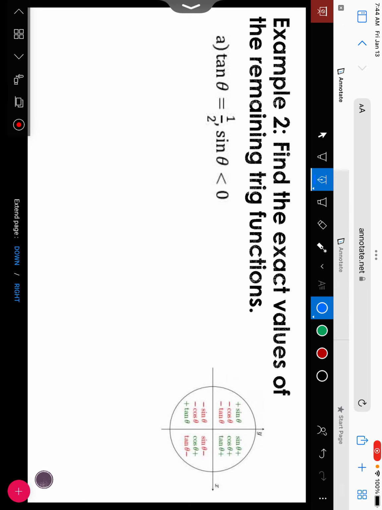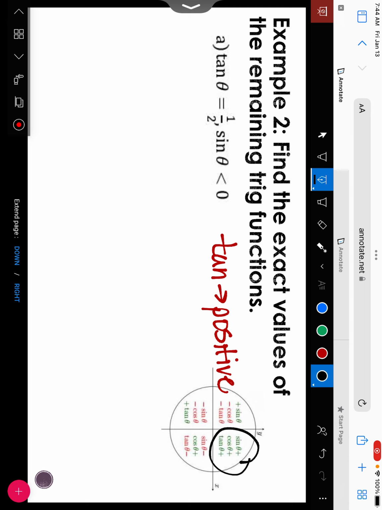So the first thing we need to do is figure out what quadrant we're in. And we can see here that tangent is positive. So because tangent is positive, we know that it's either going to be 1 or 3.